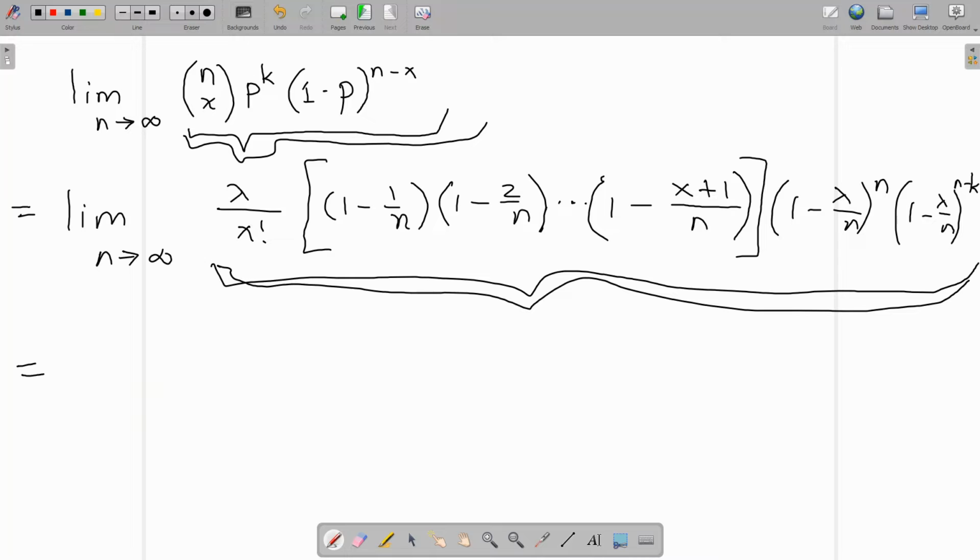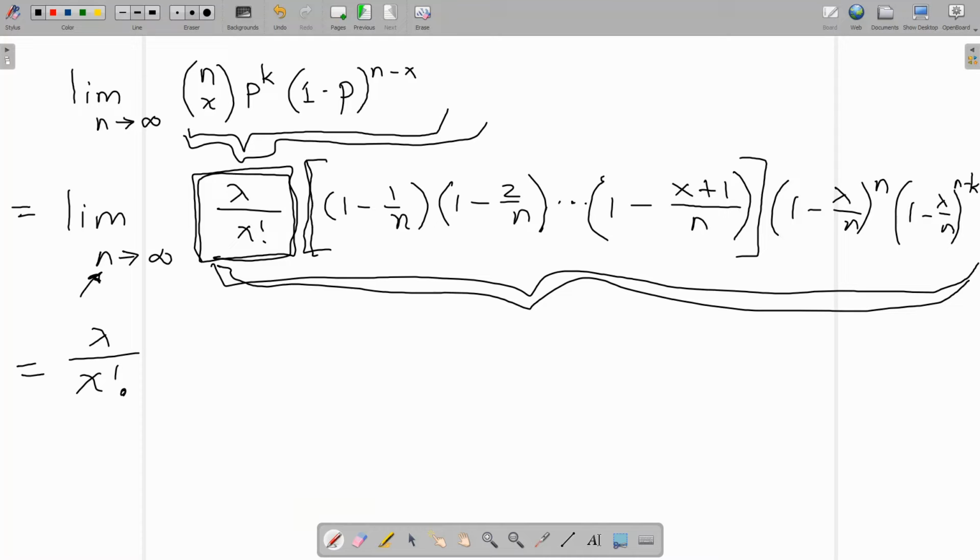Now, let us examine this factor. We are taking the limit as n approaches infinity. Limit of n, not lambda, not x. So this is a constant. So we have lambda over x factorial.